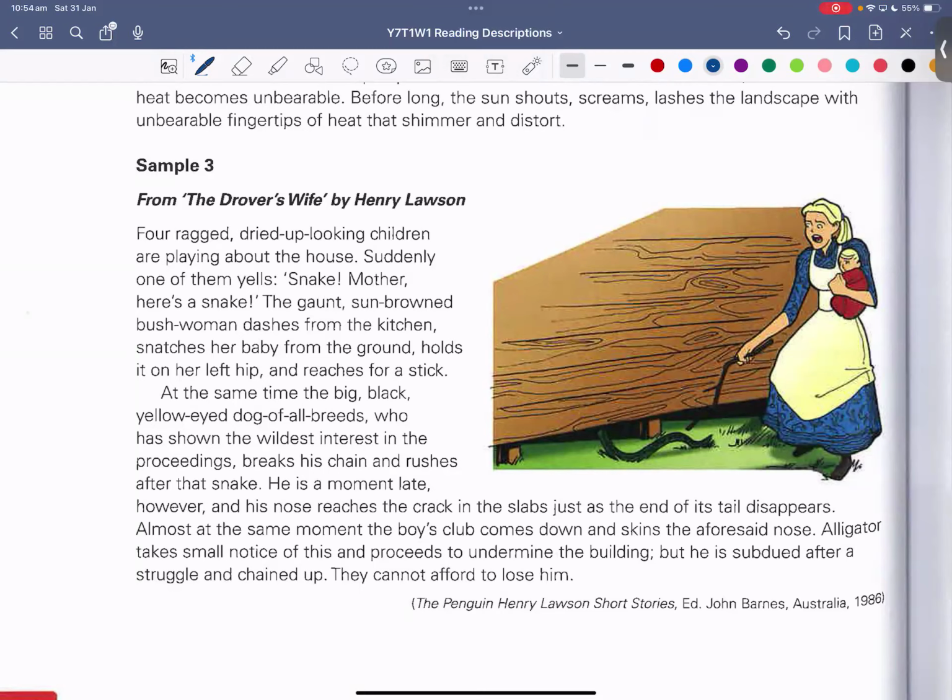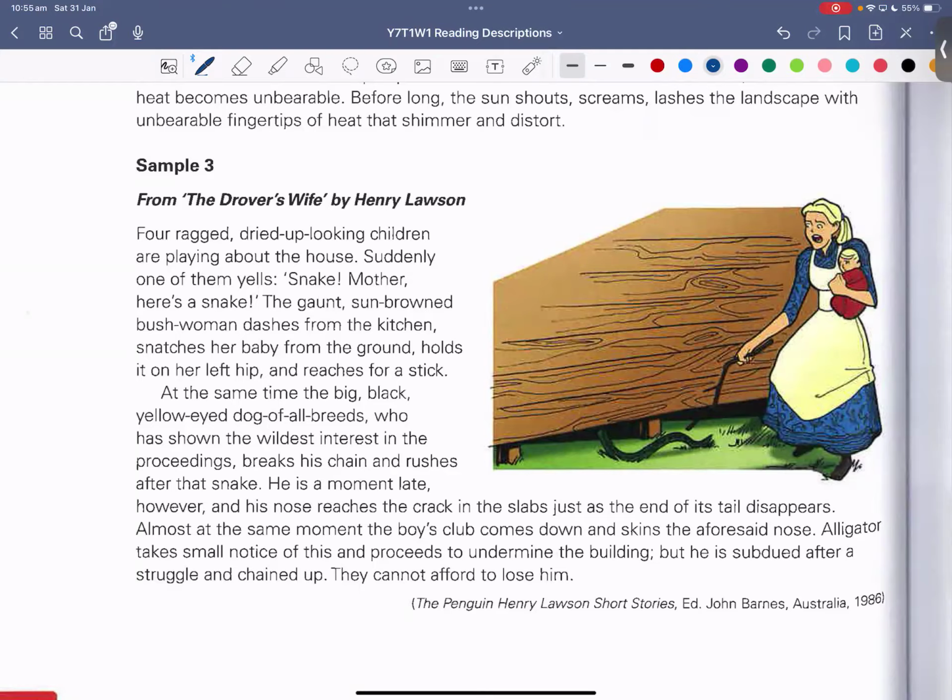He is a moment late, however, and his nose reaches the crack in the slabs just as the end of its tail disappears. Almost at the same moment, the boy comes down with a stick and spins a fallen snake's nose. Alligator takes more use of this and proceeds to undermine the building, but he is subdued after a struggle and chained up. They cannot afford to lose him.